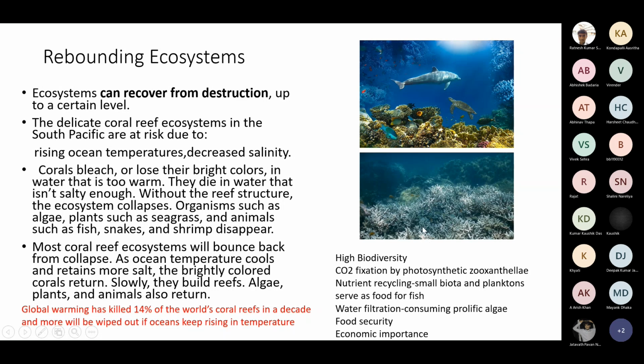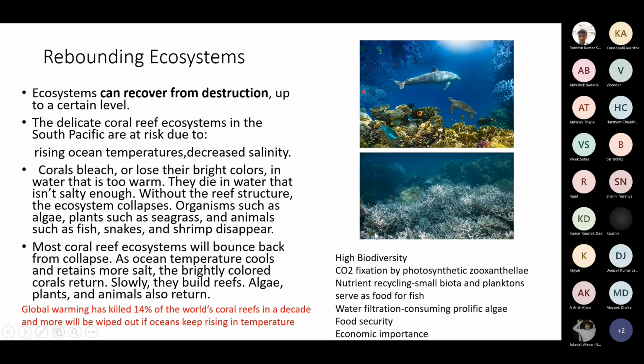So what is the consequence of that? The corals will bleach, or lose their bright colors, in water which is too warm. They die in water that isn't salty enough. And without the reef structure, the ecosystem collapses. The organisms such as algae, seagrass, animals, etc., will start to disappear.